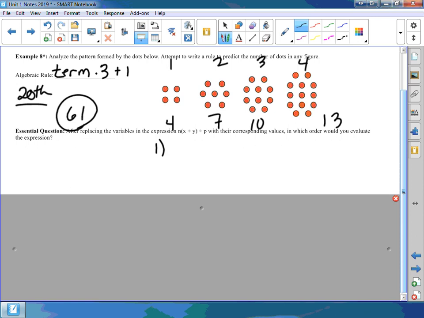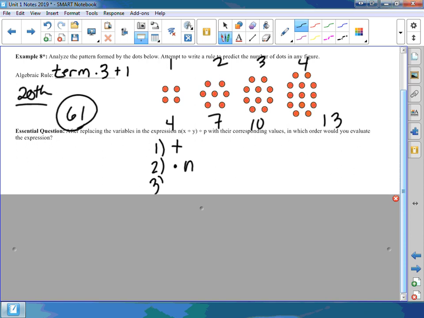Step 1 would be inside the parentheses, and that would be that addition, x plus y, whatever that is. Once you've done the x plus y, you still have that n on the outside, which means multiplication. So you're taking n times that sum. So the second step is multiply by n, or whatever the value of n is.